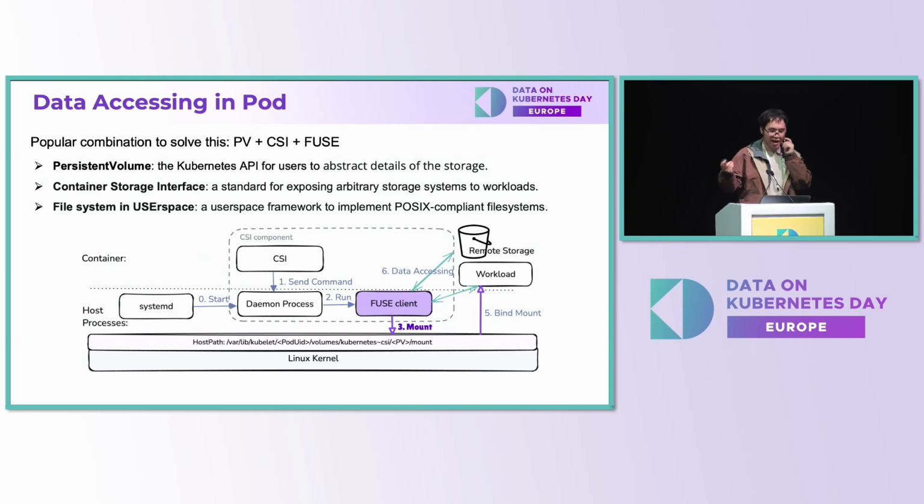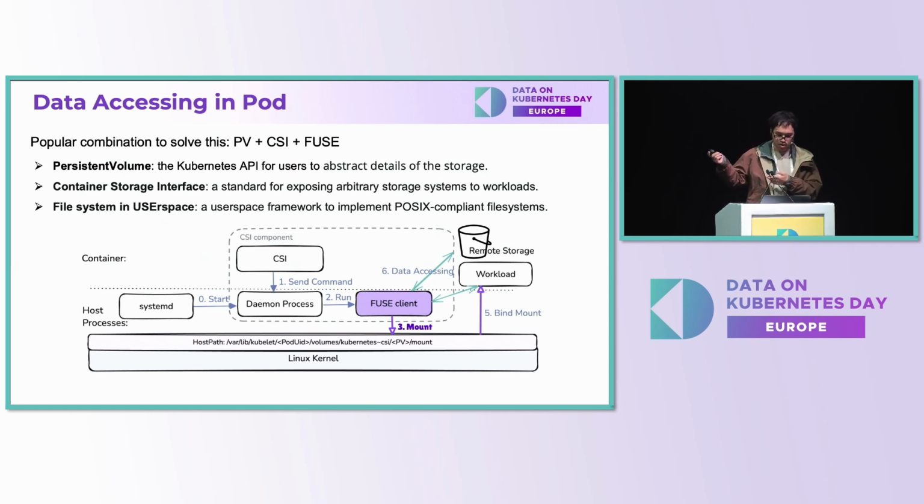So if you look at the Kubernetes community, you may find a recommended way to do this is to mount the remote storage to your containers with a combination of persistent volume, container storage interface, and file system in user space, aka Fuse. You may find lots of storage systems like Ceph or cloud providers' object storage gives similar technical architecture to integrate themselves with Kubernetes.